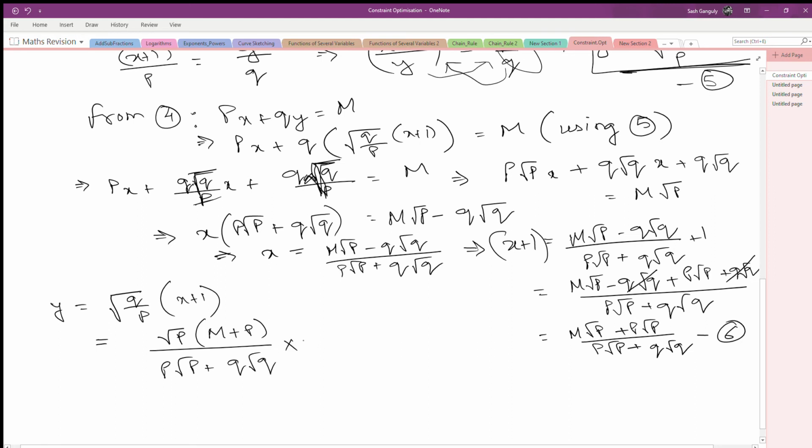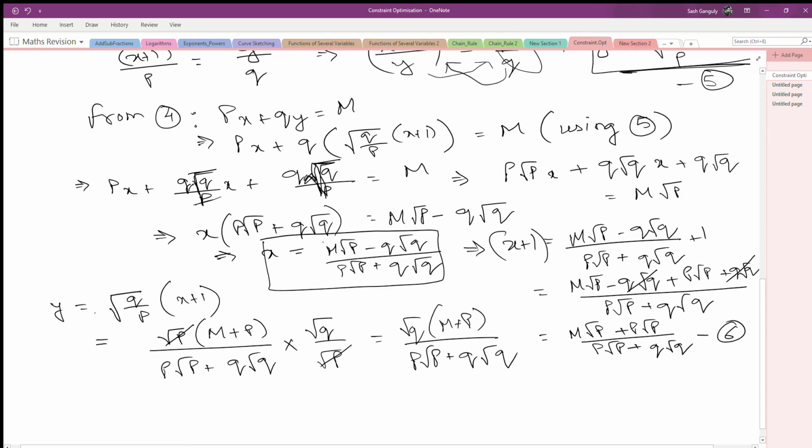And I multiply this by root q by root p. So my root p will cancel out. So I'll have root q times m plus p upon p root p plus q root q. So now I get my y and x. Okay, that is my x and that is my y.